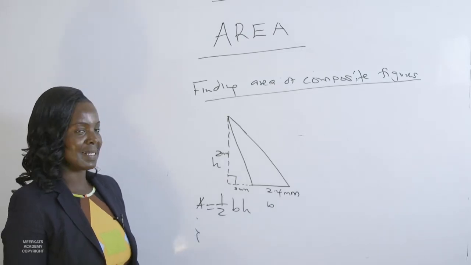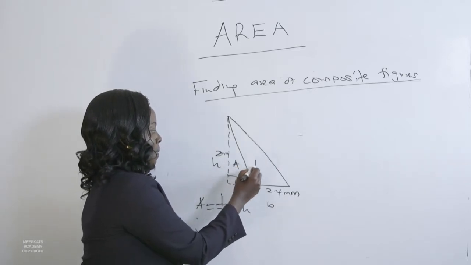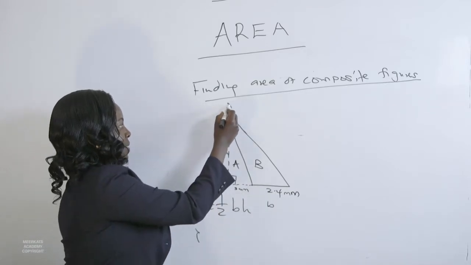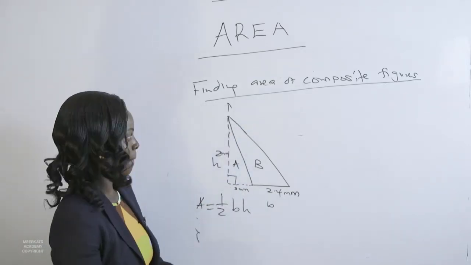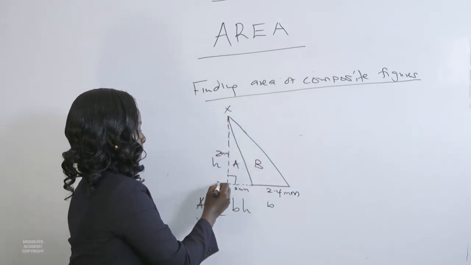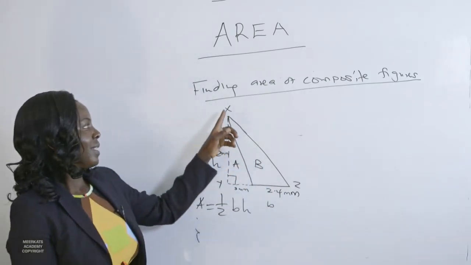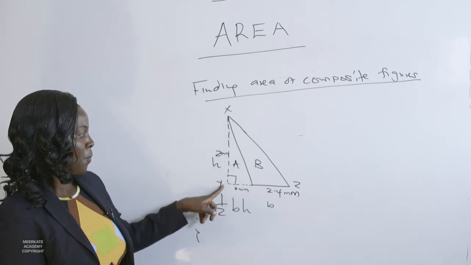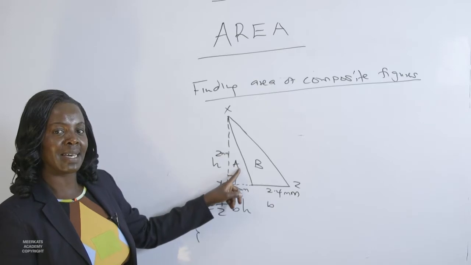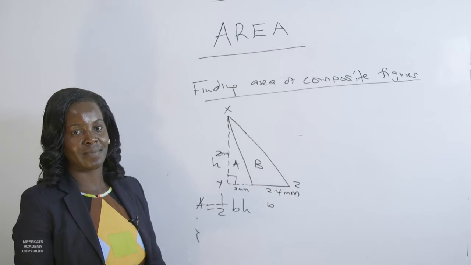For us to be able to calculate the area of B, this is A. For us to be able to calculate the area of B, we need to calculate the area of triangle XYZ, the bigger triangle. Then we subtract the area of A for us to be able to get the area of B.